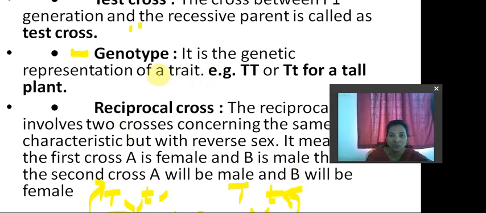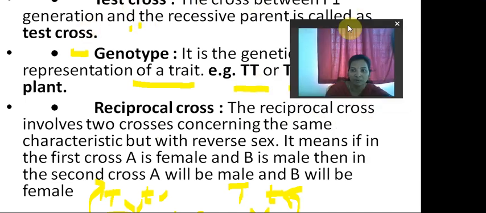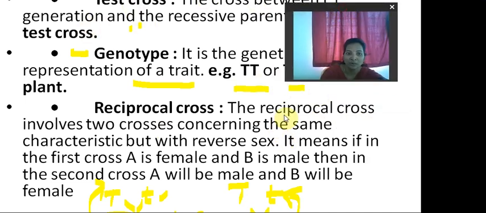Next, what is genotype? It is a genetic representation of a trait, that is capital T capital T, or capital T small t for a tall plant. Right students? Yes. Now reciprocal cross. In the name itself, what is meant by reciprocal? The reciprocal cross involves two crosses concerning the same characteristic but with the reverse sex, that is, you may be crossing with the male or with the female.